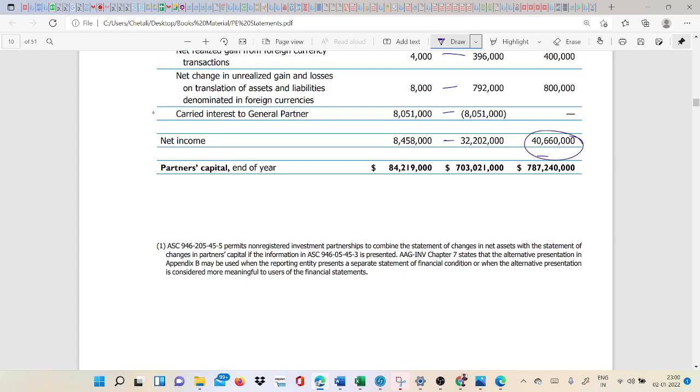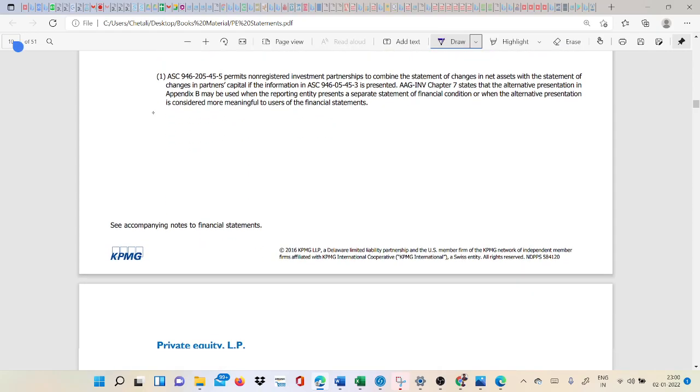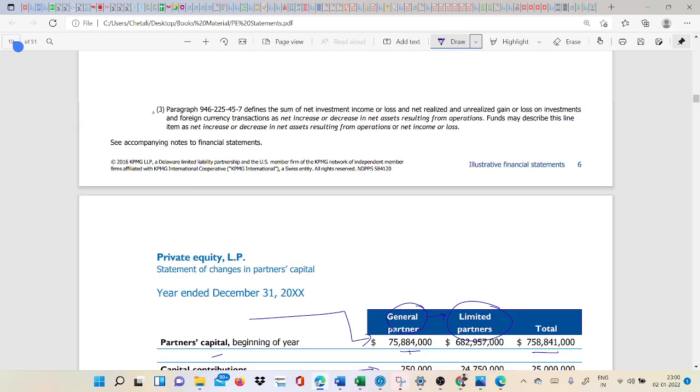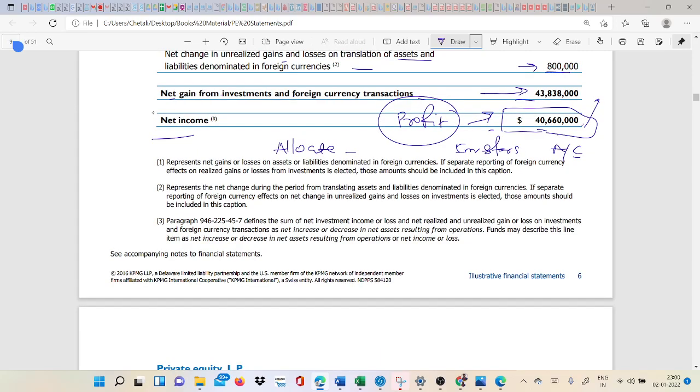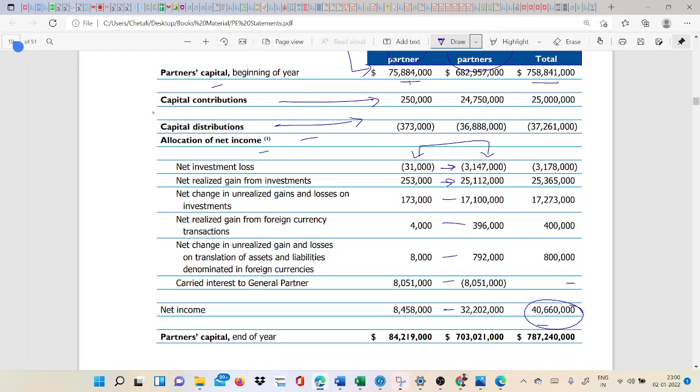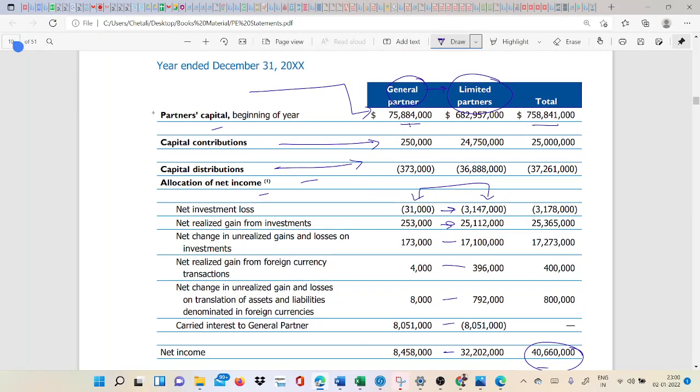If you see this amount, this is the total. So till here, what we have done, we have prepared the financial statements for a PE. But here, if you see below, we have allocated all the expenditures and income to the general partner and limited partners accordingly, as per their contributions.